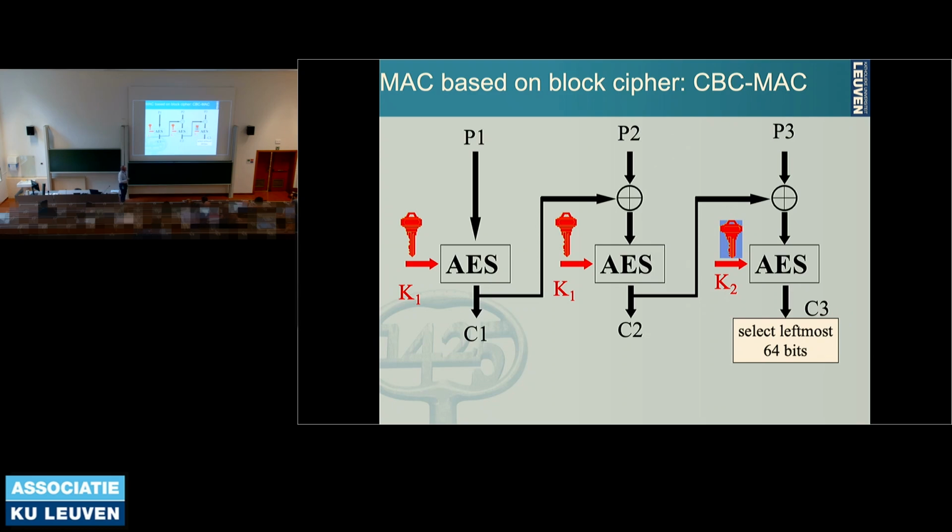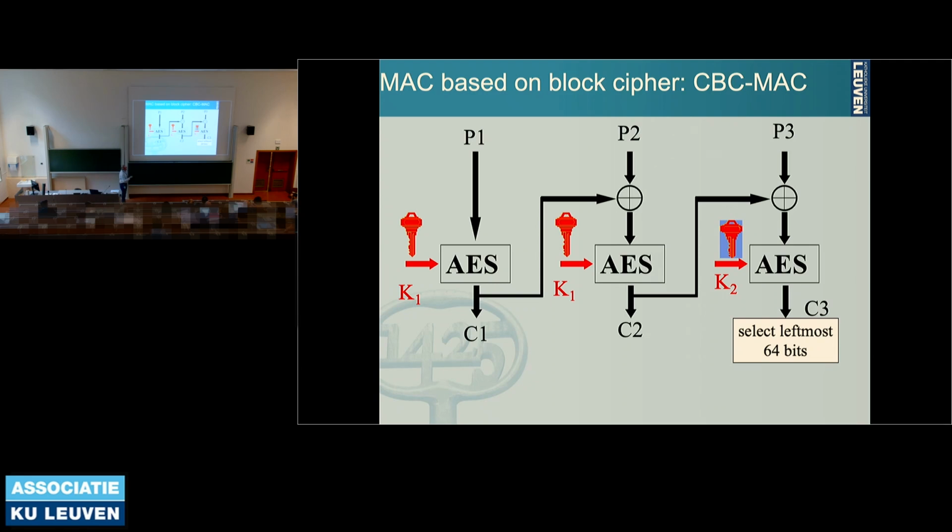And then in order to make it more secure, what people often do is to say, well, this last step, I use a different key from the one that I used in all the previous steps. For example, this last key here is the inversion of the key here. Or I invert half of the key bits, something specified, such that it avoids that people will do some types of attacks.